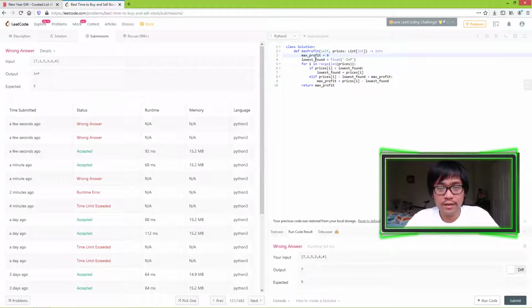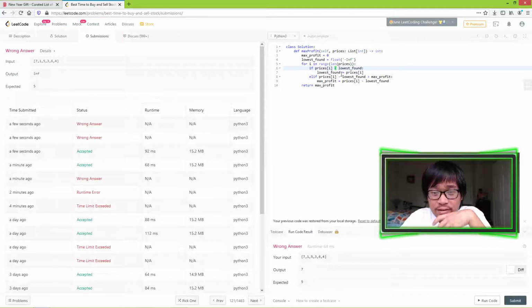Output is infinity. What's going on here? Max profit is 0. Return the max profit. Lowest found. If price i is less than the lowest found. Well, that's never going to happen. Yeah, it's never going to be less than infinity.